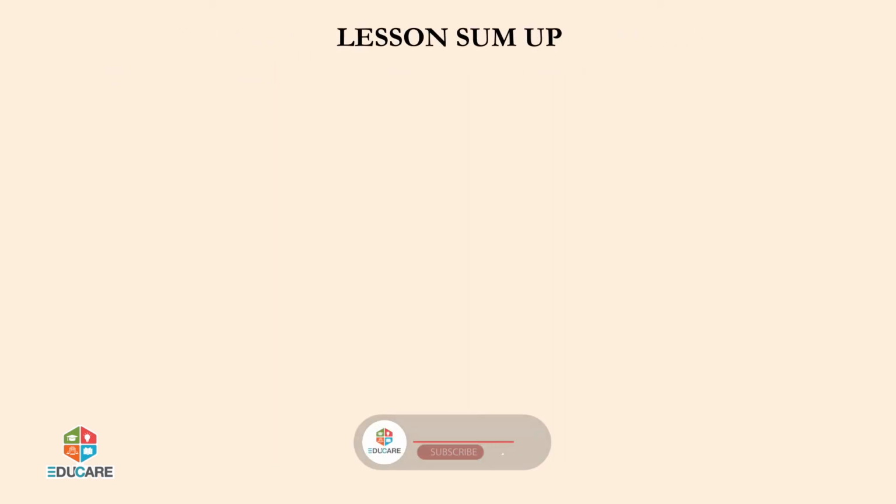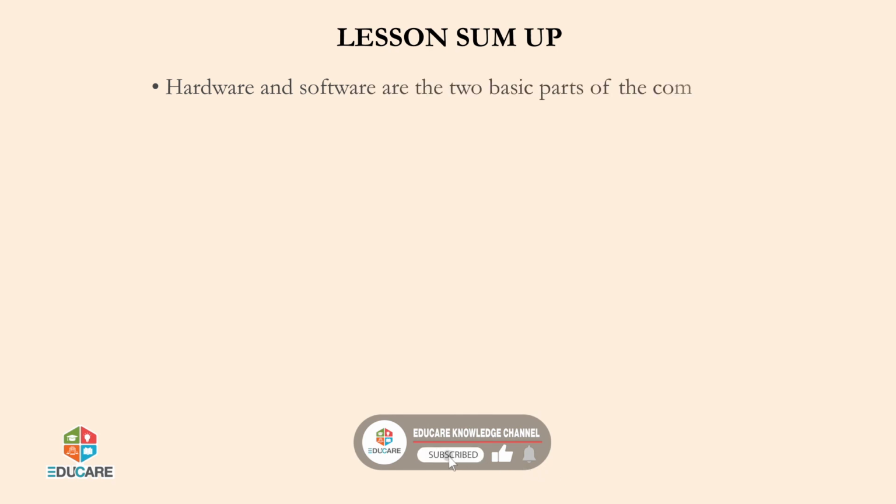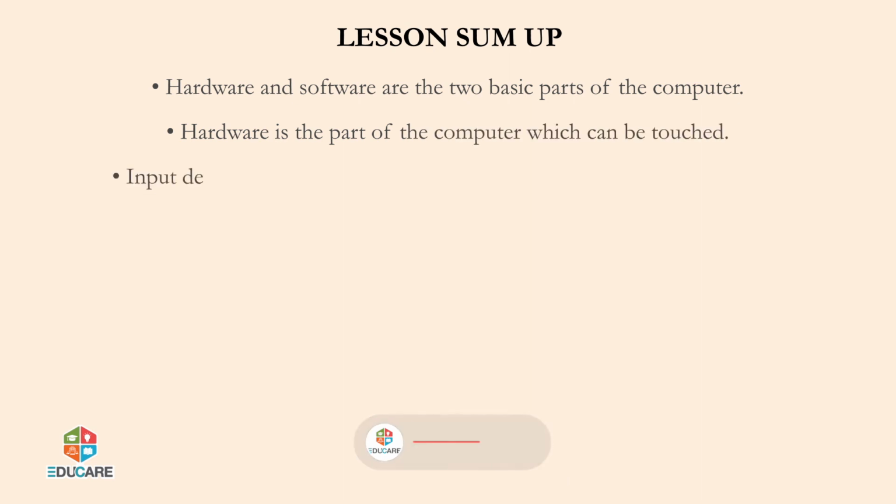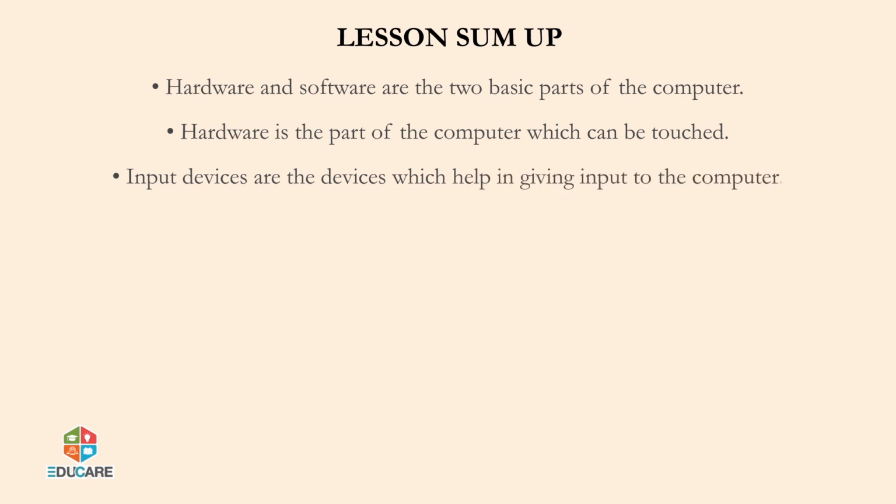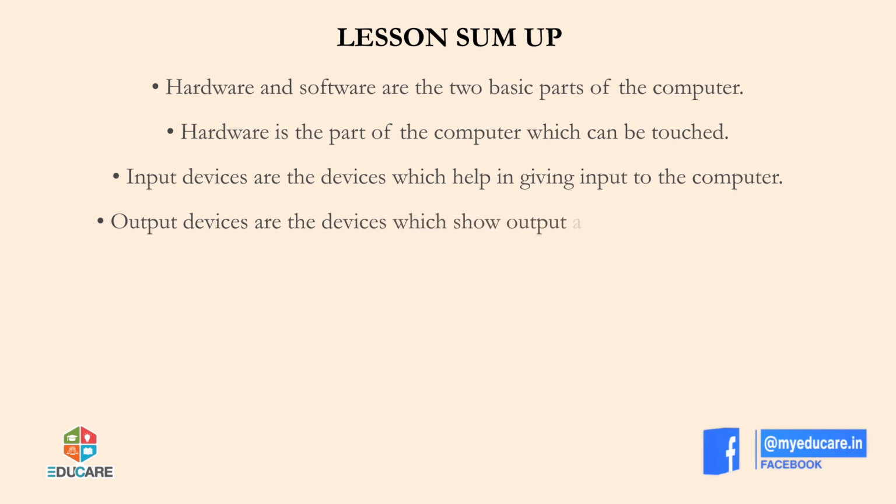Lesson sum up. Hardware and software are the two basic parts of the computer. Hardware is the part of the computer which can be touched. Input devices are the devices which help in giving input to the computer. Output devices are the devices which show output after the input is entered.